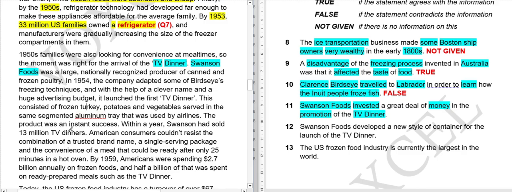In 1954, the company adapted some of Birdseye's freezing techniques, and with the help of a clever name and huge advertising budget, it launched the first TV dinner. So our answer is from here to here. Again, I'll give you a few seconds till I write down the answer. You should try to figure it out.